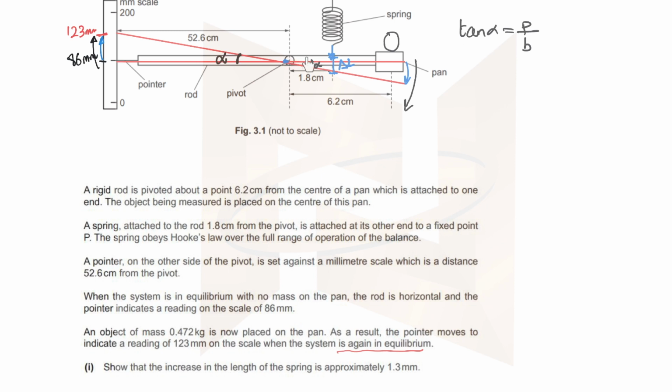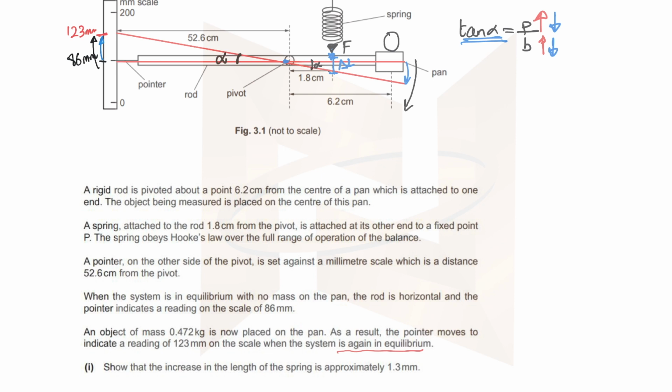Now, if you consider the bigger triangle, its perpendicular is bigger. Naturally, the base is large as well for it. And if you consider the smaller triangle, which is this one, if its perpendicular is smaller, the base has to be smaller so that tan alpha or alpha is the same. So remember that this delta L and this delta L would not be the same. You're concerned about this delta L, which is the extension in the spring because the spring is here. Your spring is going to experience a downward force over here and it's going to extend.